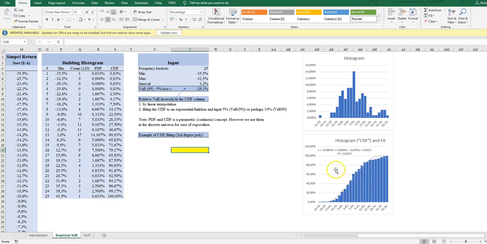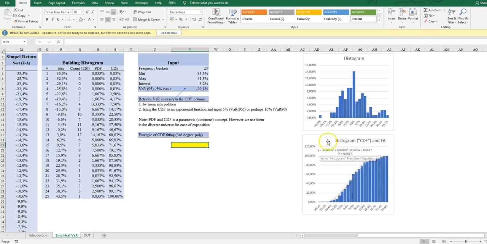And it seems like where the model doesn't work is up here. So no problem, because we are operating down here. And this function here is the CDF as a function of the VAR.